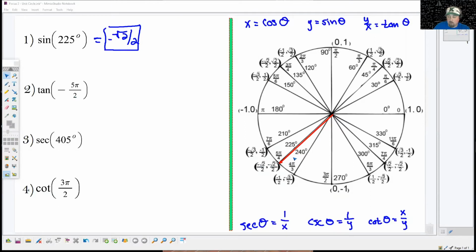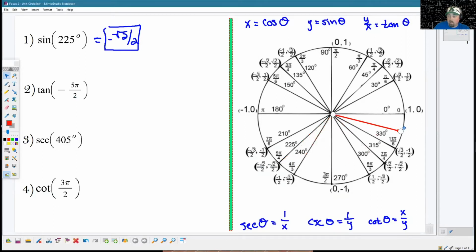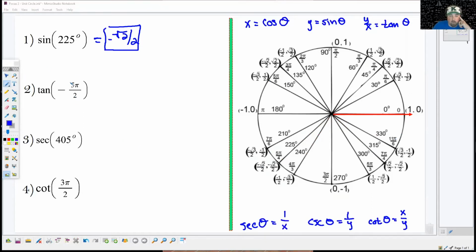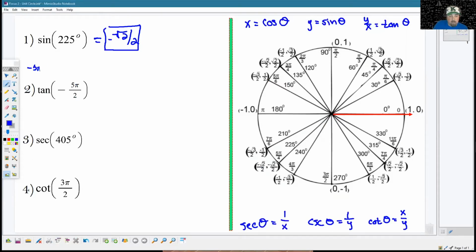Tangent. So we've got to take this thing and put it back. Now we want to go negative 5 pi over 2. So we can convert this. We want pi on the bottom, 180 on the top. So we get 5 times 180, divided by 2, which is 450.